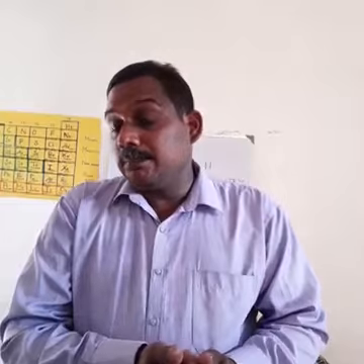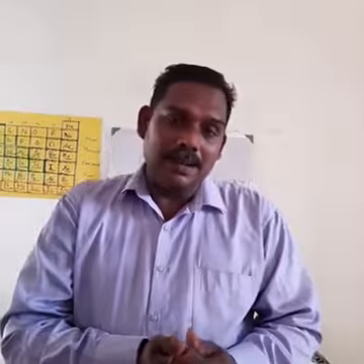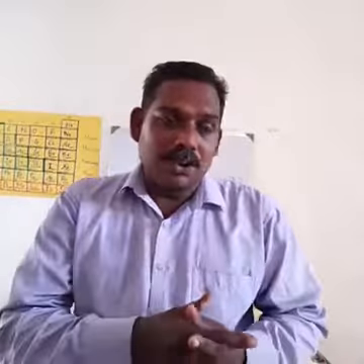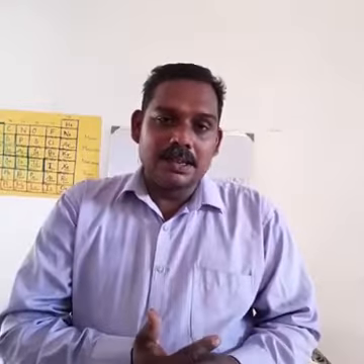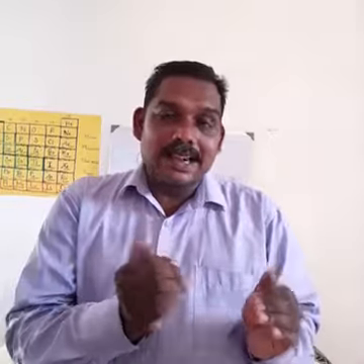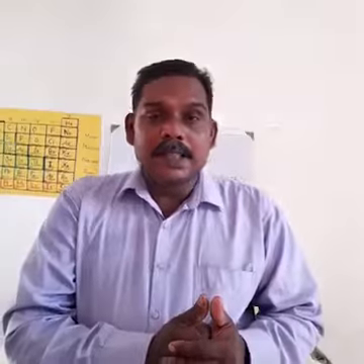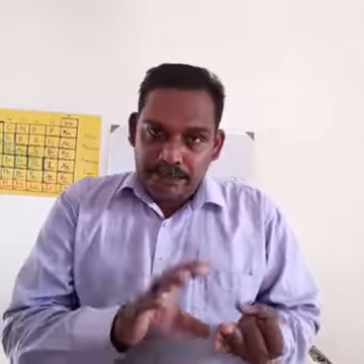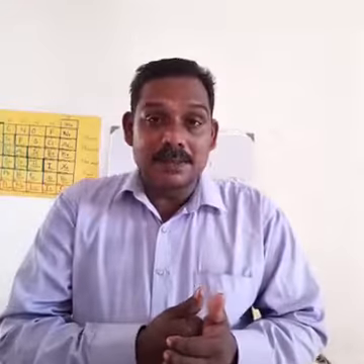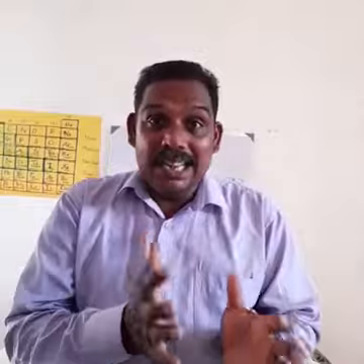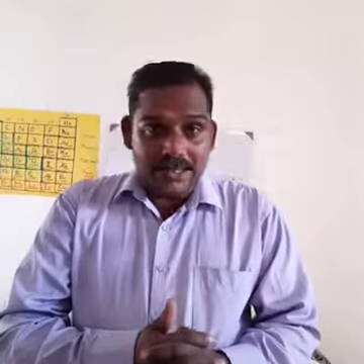Next, the periodic classification of elements. That also we learned in the small classes. Here also, what are the classifications of elements? S block element, P block element, D block element, and F block element. Also we learn about the Mendeleev classification and modern periodic classification.